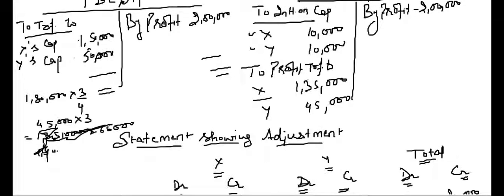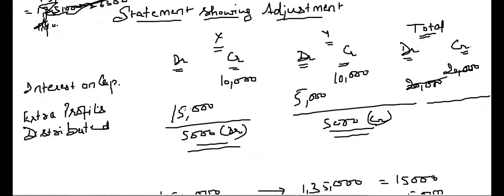So what they will do is they will prepare a statement of adjustment where we will take the partners X, partner Y, and the total for the firm. First of all, what is to be given to the partners will be credited to the partners, like interest on capital will be credited. Then whatever extra has been credited to the partners will be debited back. What is extra credited? That is the profits.